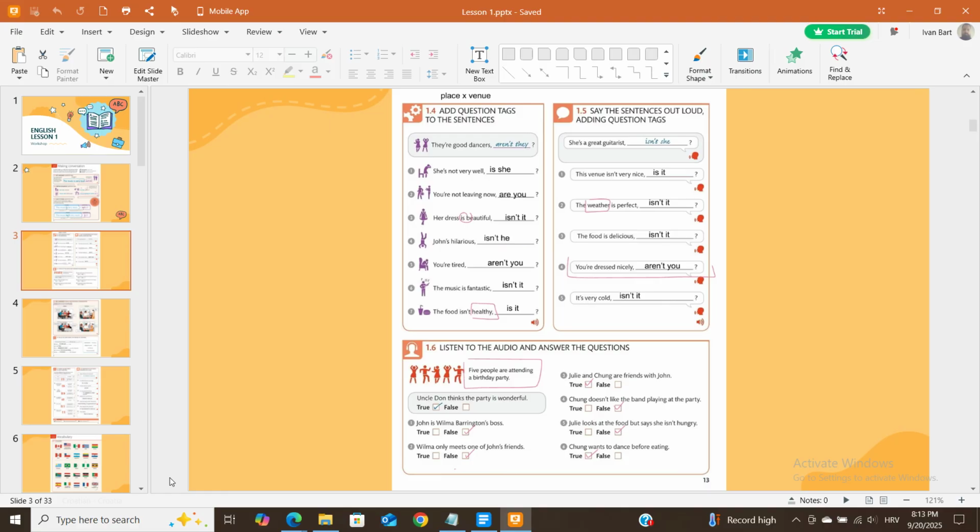Say the sentences out loud, adding question tags. She's a great guitarist, isn't she? She's not very well, is she? This venue isn't very nice, is it? You're not leaving now, are you? The weather is perfect, isn't it? Her dress is beautiful, isn't it?